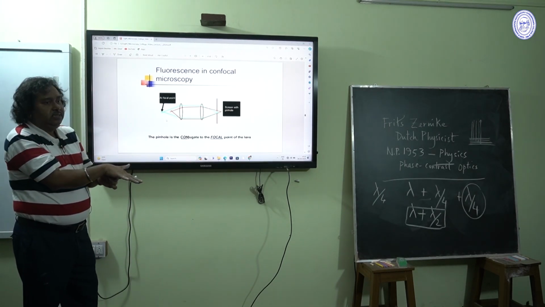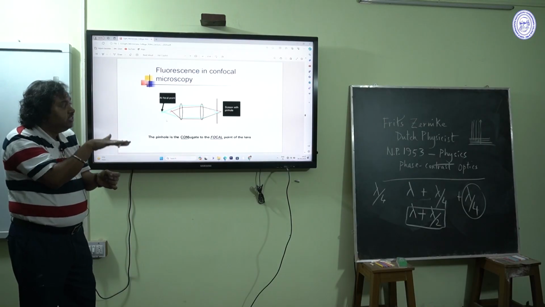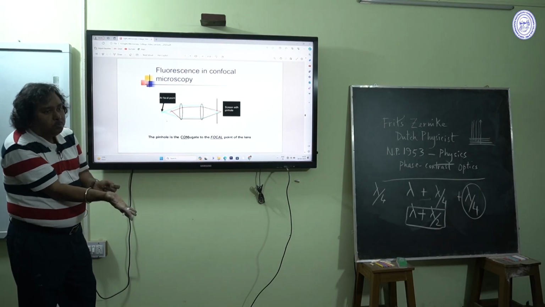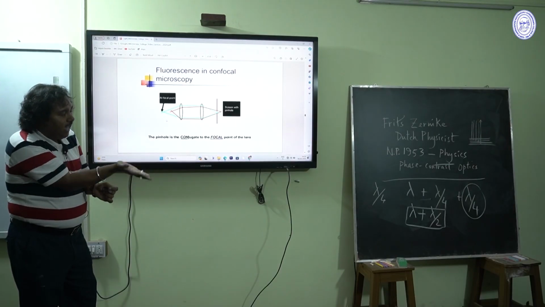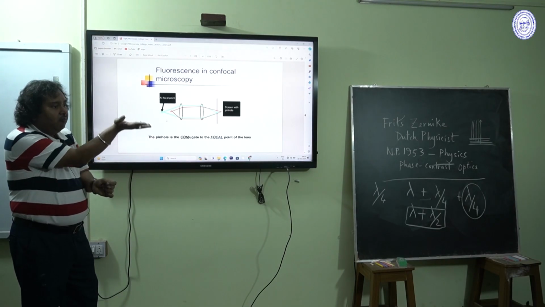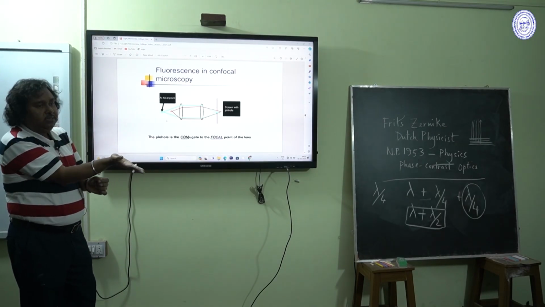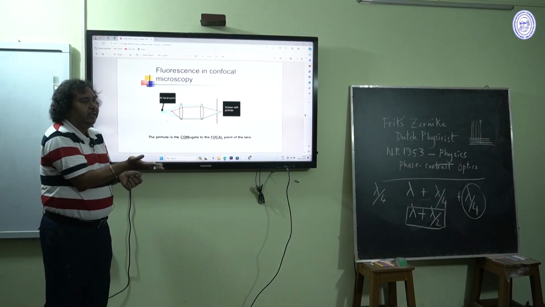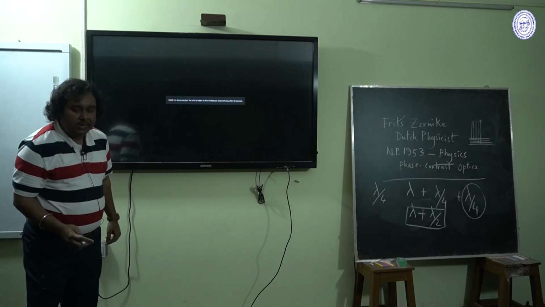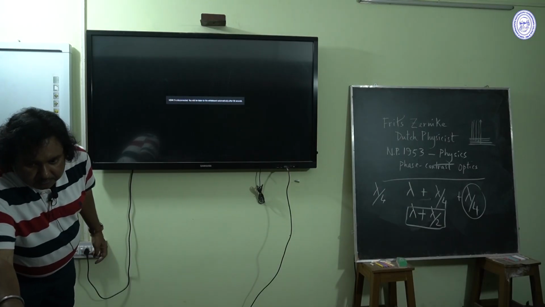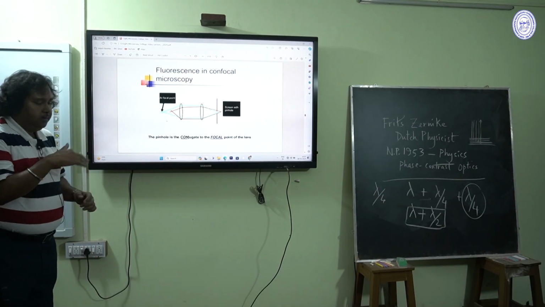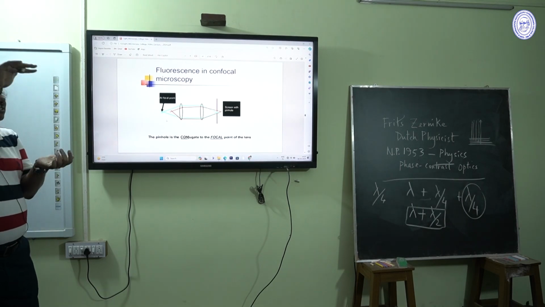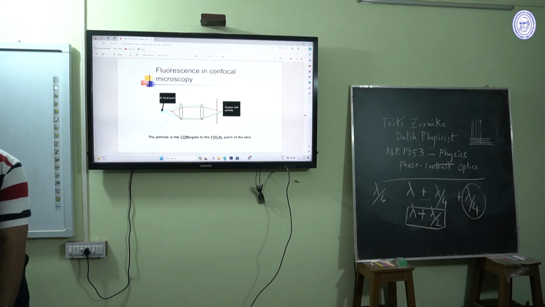So noise formation is minimized, and the image is produced by light coming from different layers of the specimen. By combining thousands of images, a 3D image will be created.